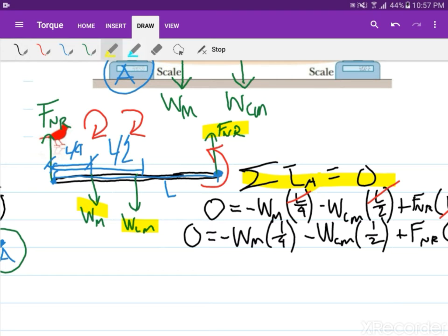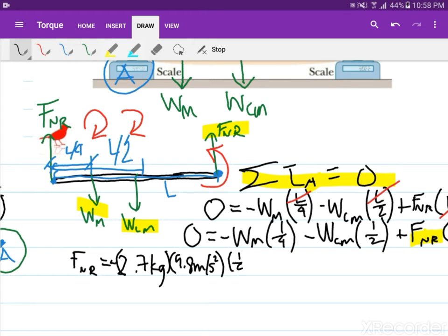So solving for FNR, we have the mass of the block, 2.7 kilograms, times gravitational acceleration g, times 1/4, plus the mass of the beam, 1.8 kilograms, times 9.8 meters per second squared, times 1/2.